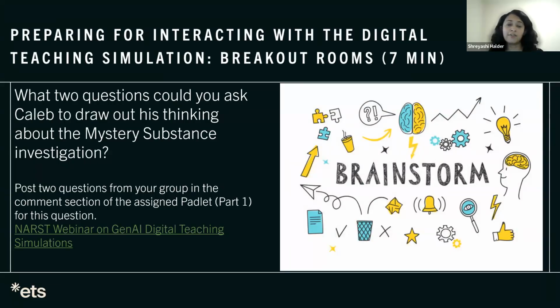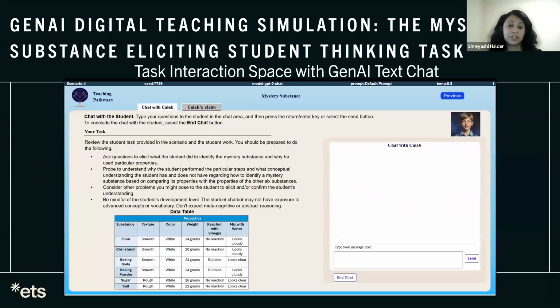Each group will have 7 minutes to work together and come up with 2 questions you would like to ask Caleb to draw out his thinking about the mystery substance investigation. Jamie, Indira, and I will also be joining your breakout rooms to listen in and discuss your ideas as you brainstorm your questions.